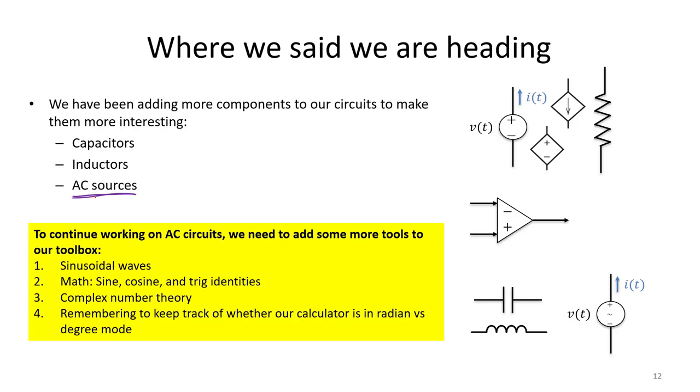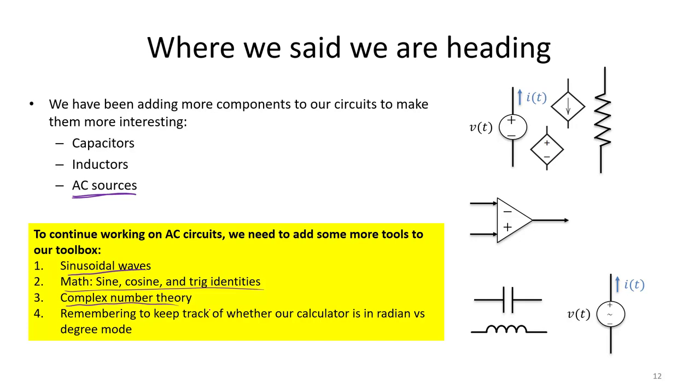So in our next couple videos, we're going to review these new tools. And then we'll apply them to AC circuits. So we're first going to review sinusoidal waves. We'll review a little bit of math and trigonometry. Then we're going to learn about complex numbers and phasors, and how this helps us simplify things.